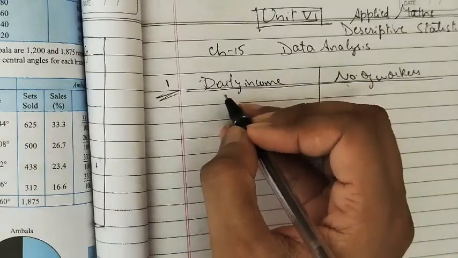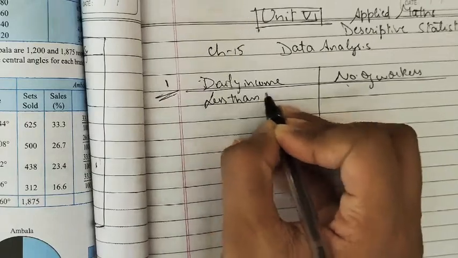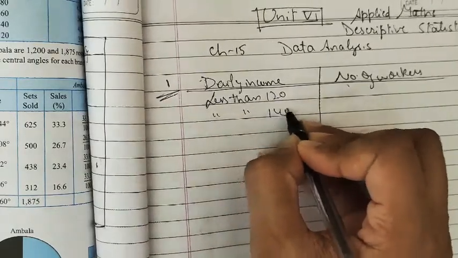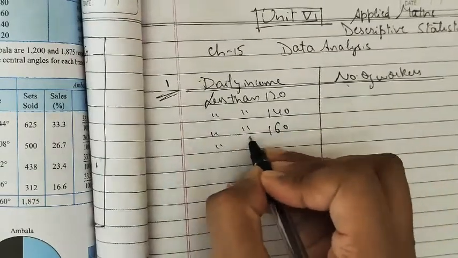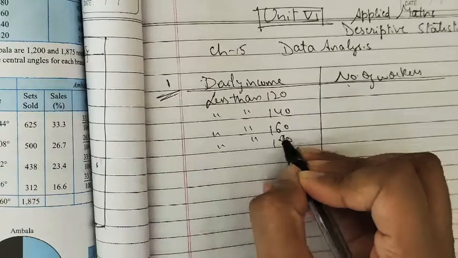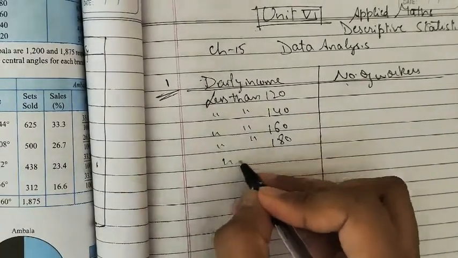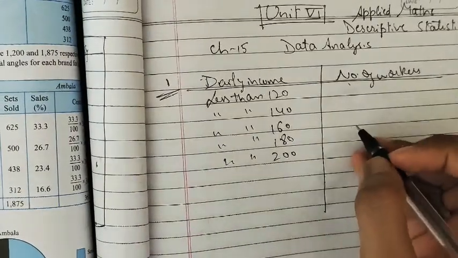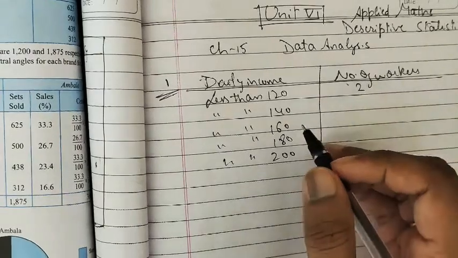So daily income less than 120, less than 140, less than 160, less than 180, less than 200, right? So less than 120 we have 2 people, as the frequency is 2.